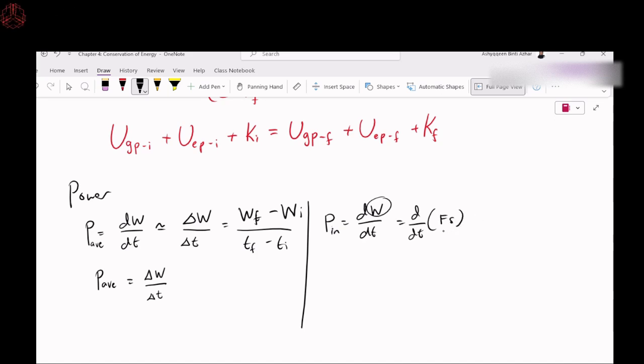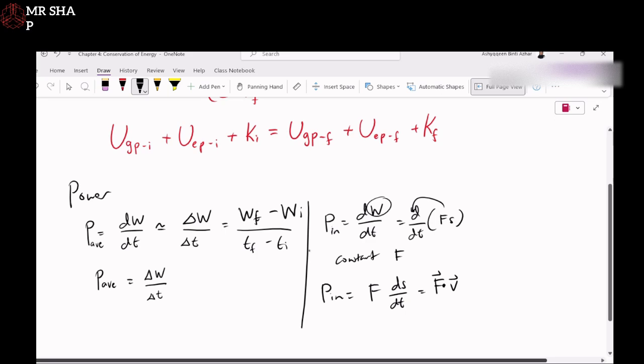If you have constant force, you can take out the value of F. I'll have then F times ds over dt, which is just the velocity. And power, the SI unit is going to be the watt.